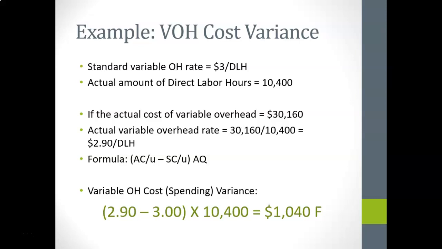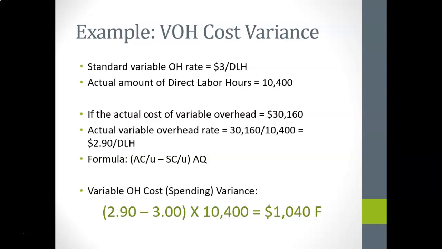Okay, so I take my actual cost per unit, so it's $2.90 per direct labor hour is what I actually spent, minus my standard cost per unit, which is $3 per direct labor hour. So that 10-cent difference times 10,400 actual quantity of direct labor hours that we used.